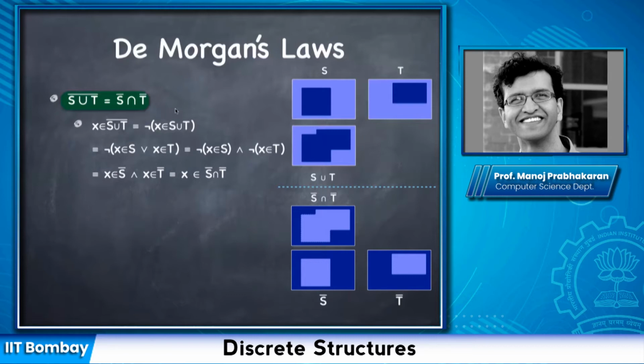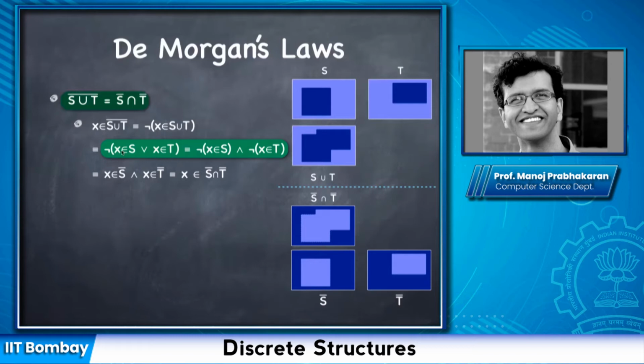Now what do I know about the membership predicate for S union T in terms of the membership predicates for S and T? Well, we just saw, we defined this membership predicate as x is in S or x is in T. That's when x is in S union T. Okay, so the whole expression is then the negation of x is in S or x is in T. And now we will apply De Morgan's law for propositions.